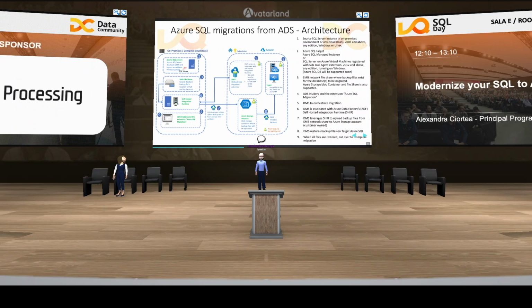But just before jumping into the demo, a short introduction to the architecture, how it works, how it's built, and how we should set it up if you want to use the ADS migration experience. First of all, it's a matter of having, of course, on-prem SQL Server or SQL Server running on a virtual machine in any environment.